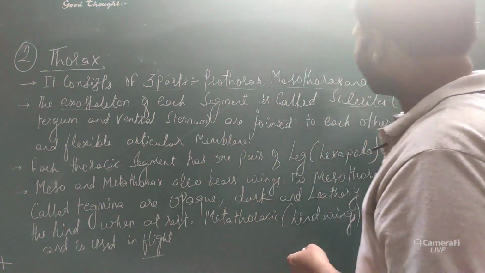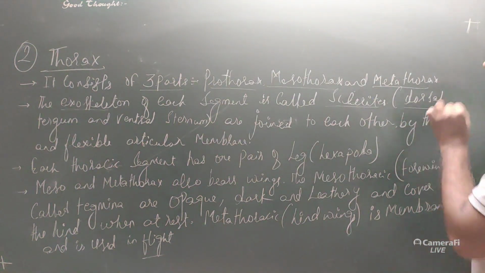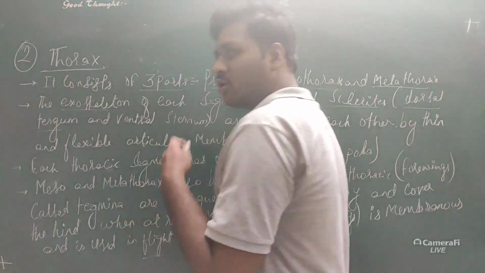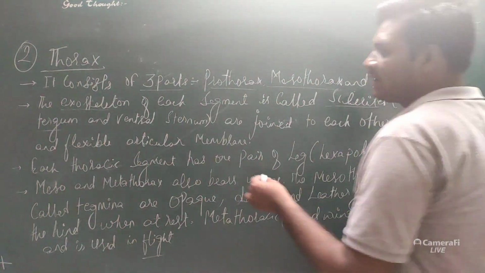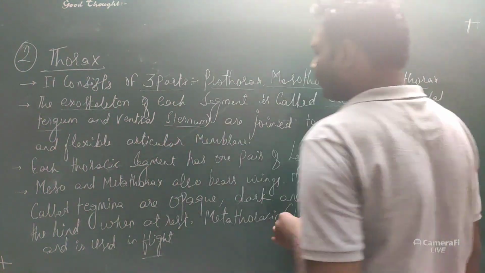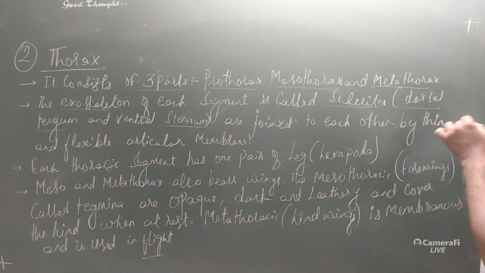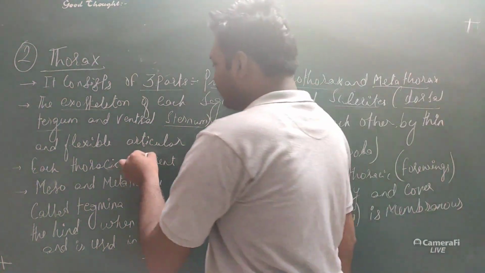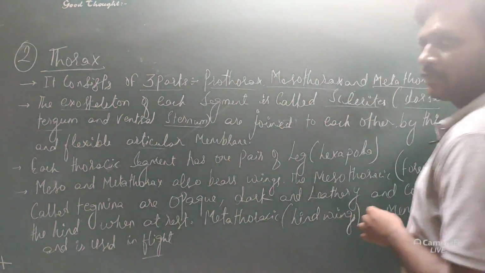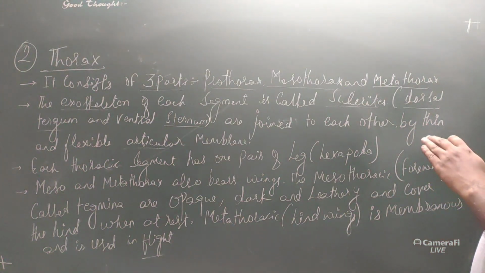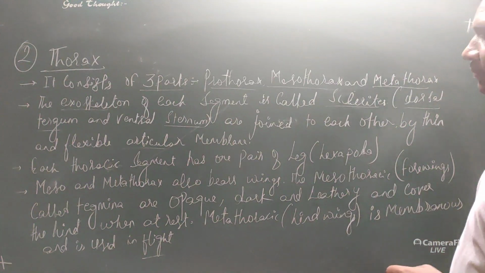The segments present on the dorsal side are called tergum, and the ventral segments are called sternum. These are joined to each other by a thin, flexible articular membrane.